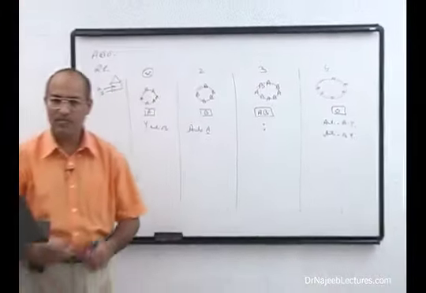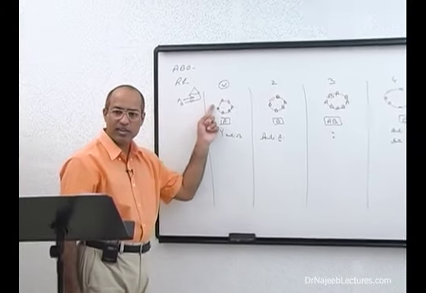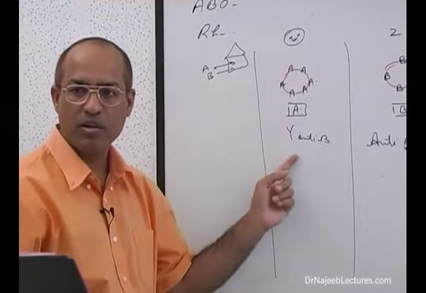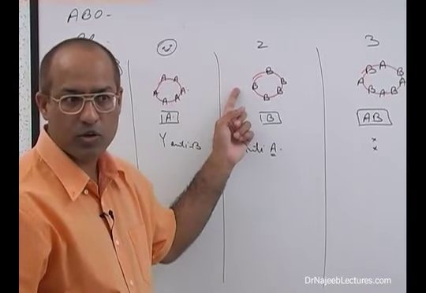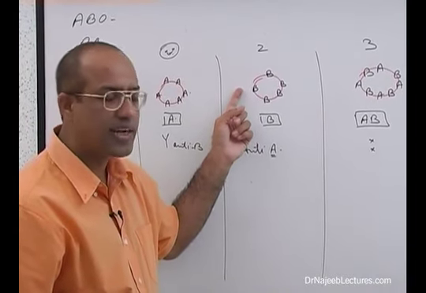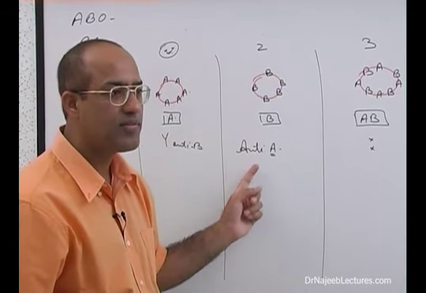So is it clear? Again, a person who has blood group A has A antigen on the RBCs and in his plasma he has anti-B antibodies. A person who has blood group B has which antigen on RBCs? B. And which antibody in the blood?